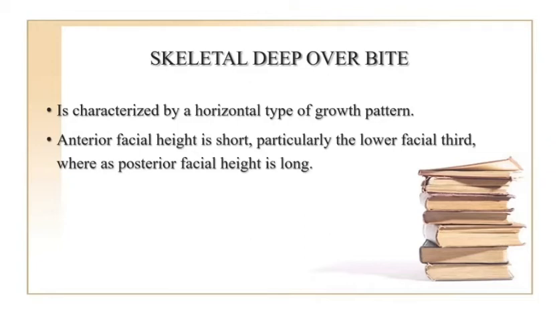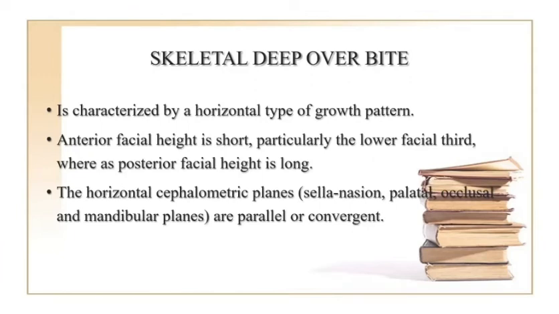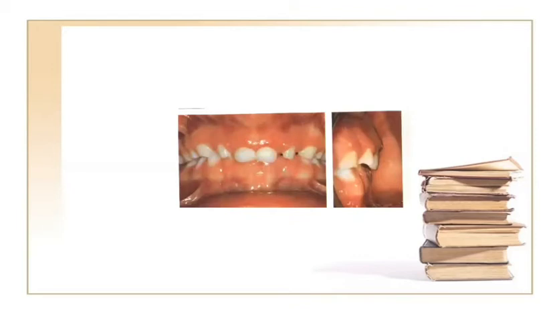So no symptoms will be seen on the posterior region. Only your anterior facial height will be short. The horizontal cephalometric planes such as sella-nasion, palatal, occlusal, and mandibular planes are parallel or can be convergent. The interocclusal clearance is usually small.